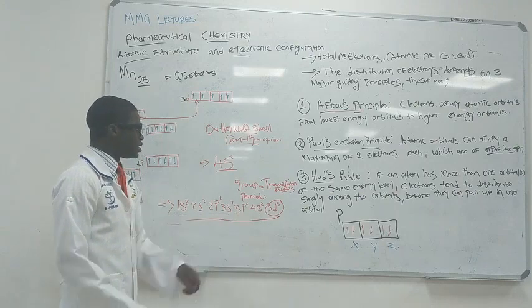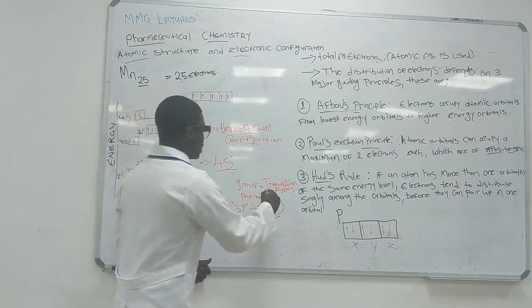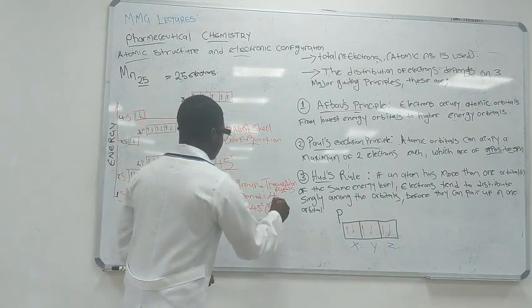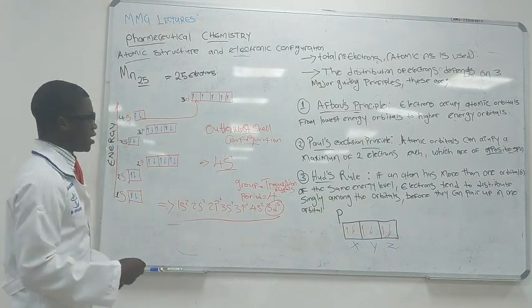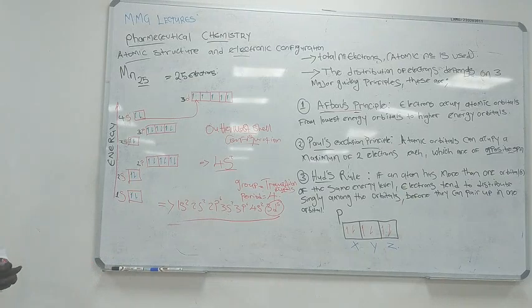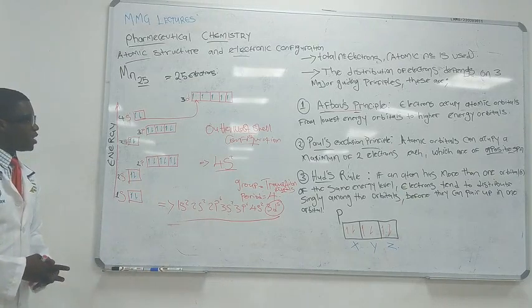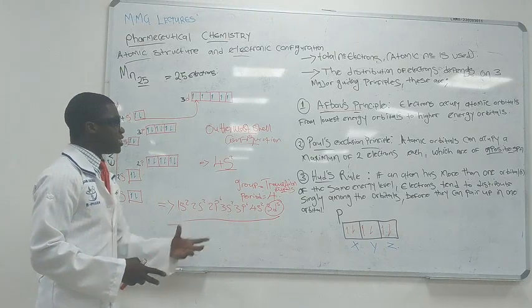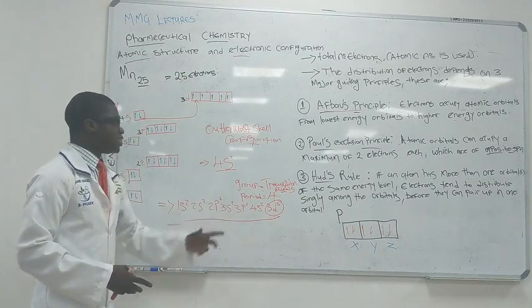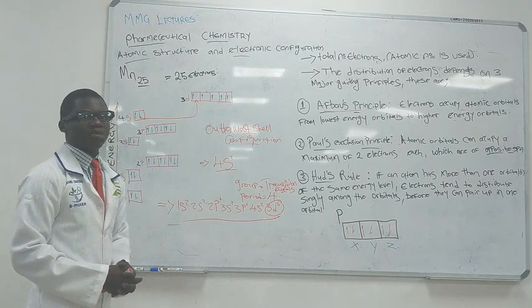So 4 is therefore the period of manganese. So this information suggests that manganese is a transition metal and is in the 4th period of the periodic table.